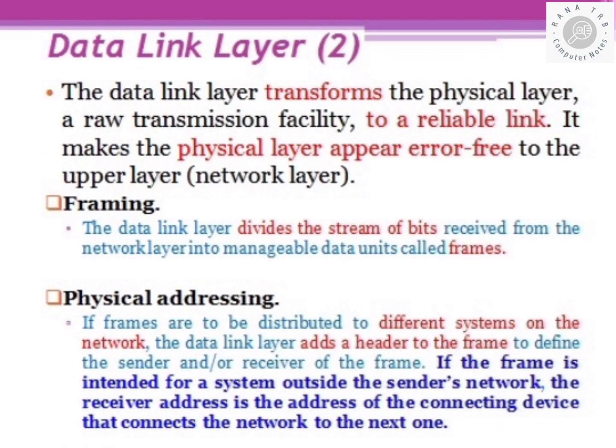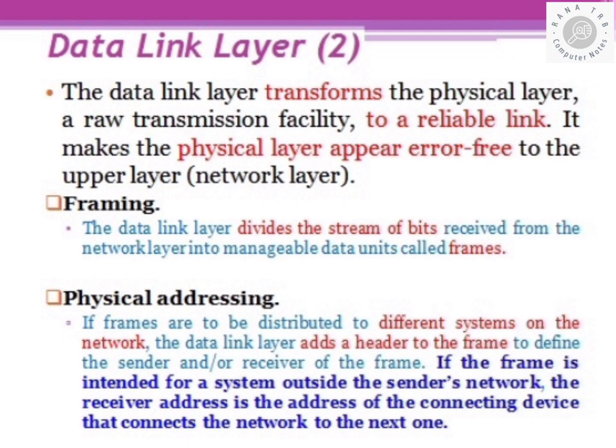Data link layer. The data link layer transforms the physical layer's raw transmission facility into a reliable link. It makes the physical layer appear error-free to the upper layer, the network layer. Framing: the data link layer divides the stream of bits received from the network layer into manageable data units called frames.